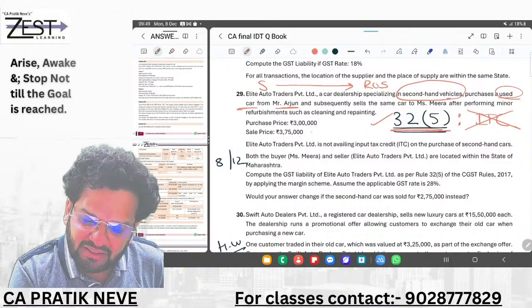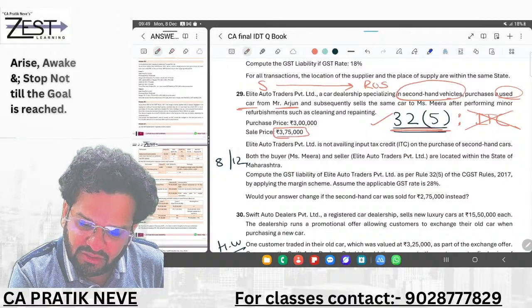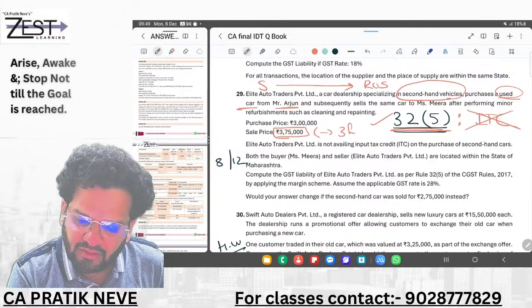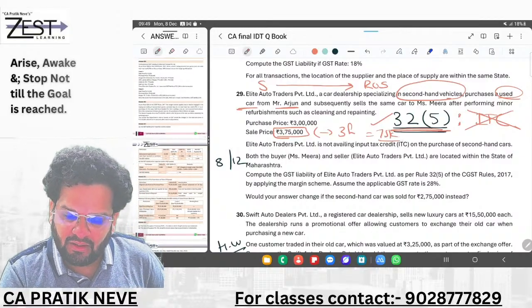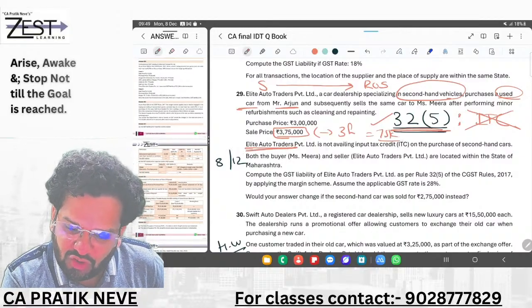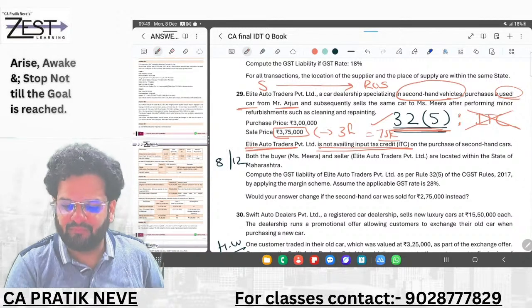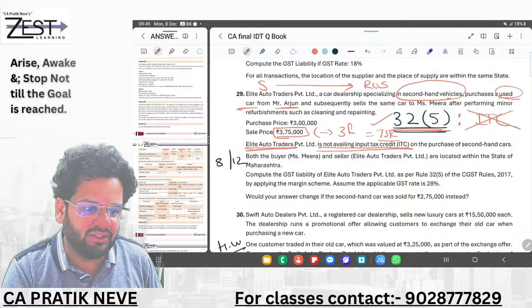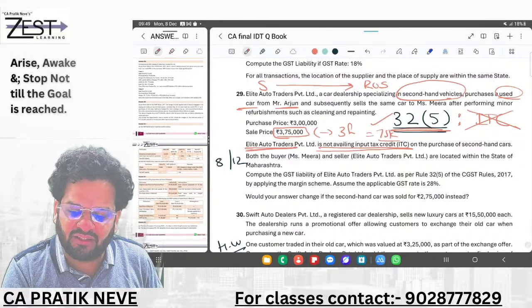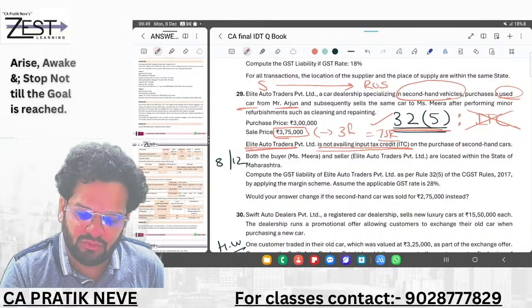Its sale price is 3,75,000, purchase cost is 3 lakh. So friends, assessable value is 75,000. It is given that Elite Auto is not availing ITC on purchase of second-hand cars. Then only this rule is to be applied. So 75,000 is the assessable value.